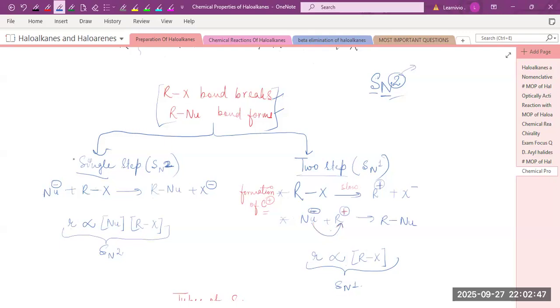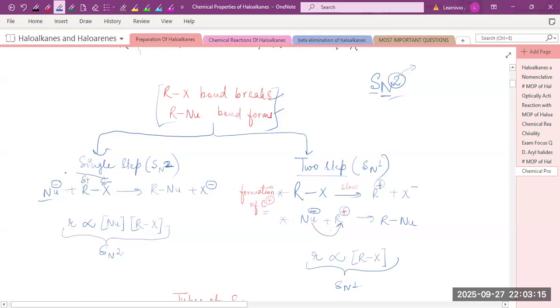So here you can see this is the reaction. The cleavage of the RX bond and the attack of the nucleophile occur in the same step, in a single step. So it is known as bimolecular nucleophilic substitution. Say this is the nucleophile, and this is the RX bond. X will acquire a partial negative charge, and this R will acquire a partial positive charge.